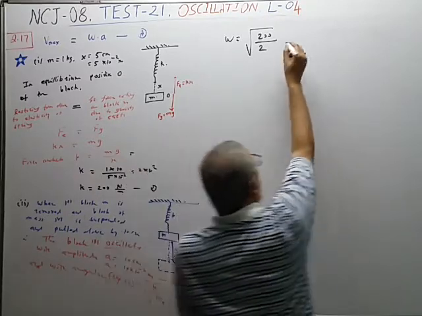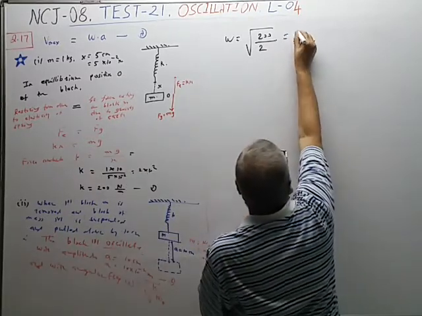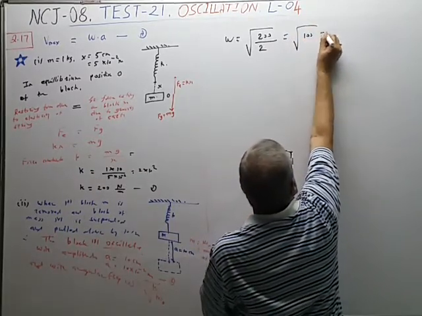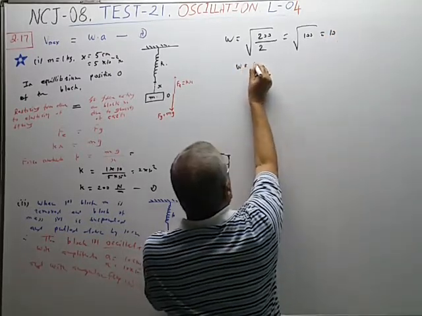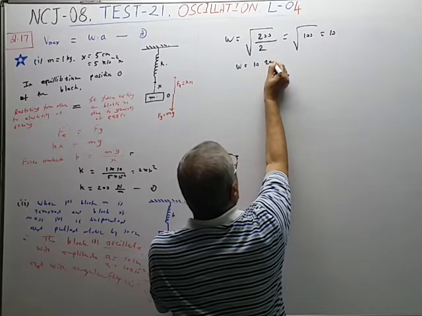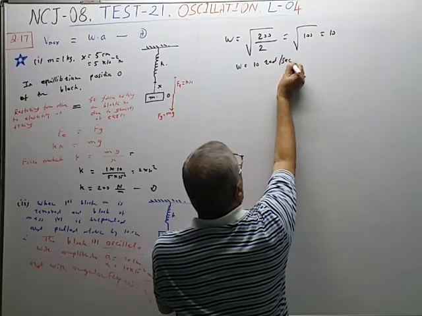So omega squared is equal to 100. That is equal to 10. So omega is equal to 10 radian per second.